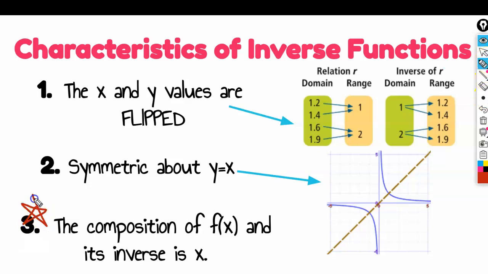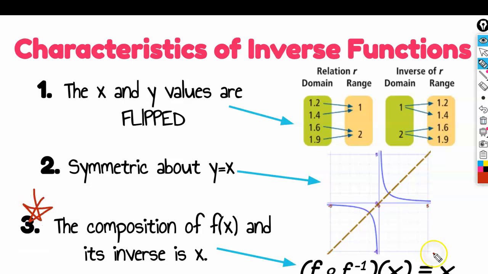Now, you will see a question over this on your test. The most important thing to know is that if they are inverses, when you plug a function into another, it will just equal x. I don't think you can see this too well, but just know, this is super important. It is just going to equal x.